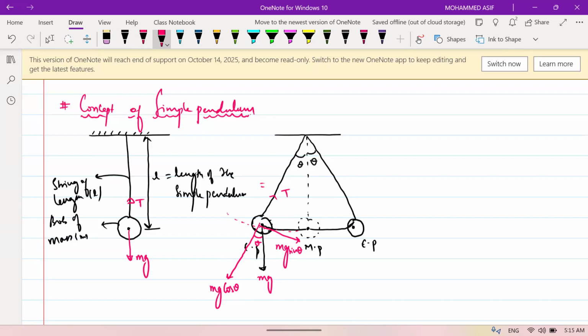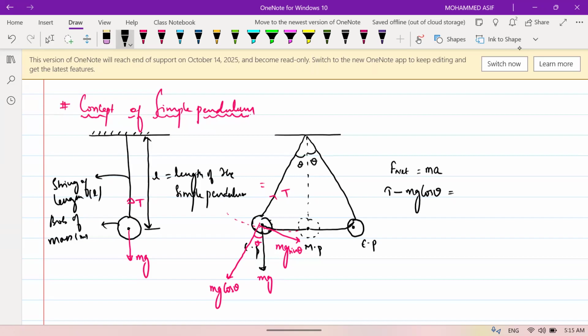Okay. Now in the extreme position, if I write the equation, net force from Newton's second law, F net must be equal to mass into acceleration. Now tell me what all forces are acting in the extreme position. One is T, the tension of the string, and opposite to T there is one more force, that is mg cos theta.